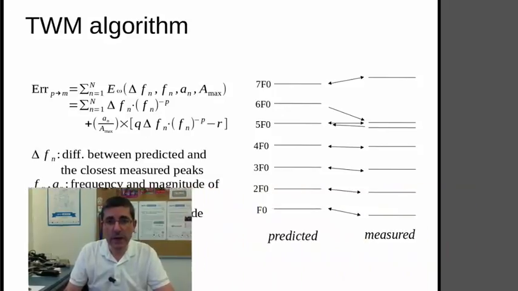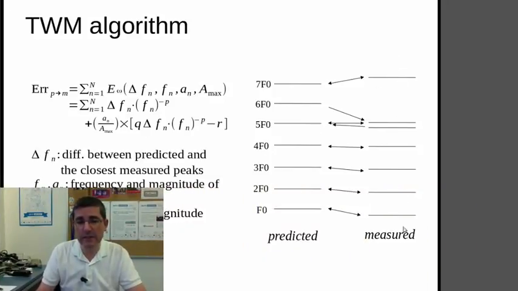In this plot, we see the measured peaks that we have identified, and then we keep trying different predicted fundamental frequencies and the harmonics of it, and we measure the error, the distance between these two lists of values. We do that by measuring two errors: the predicted to measured error, the distance between the predicted and the measured values, and also the measured to predicted error. But let's go directly to the actual code.